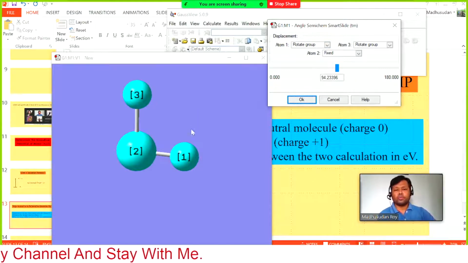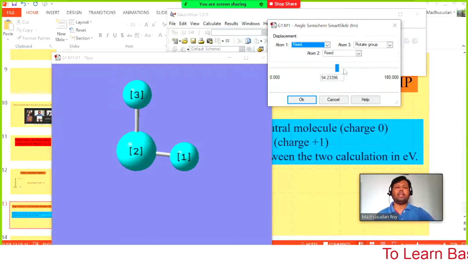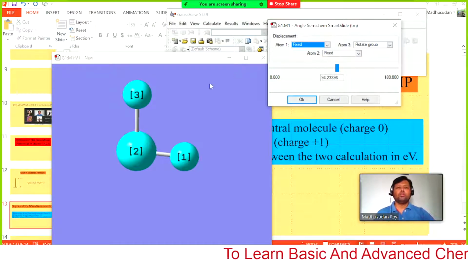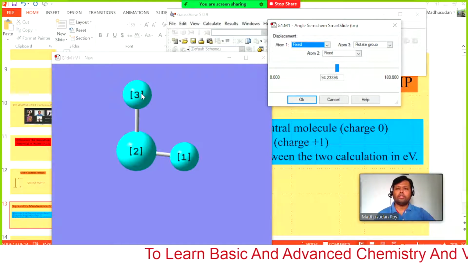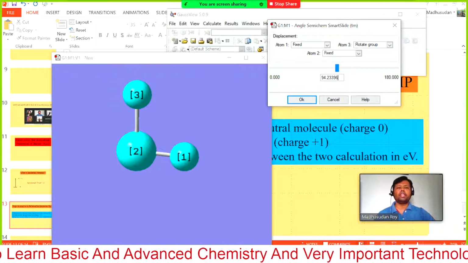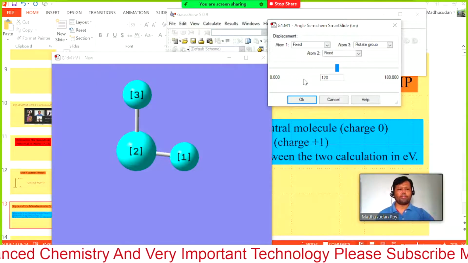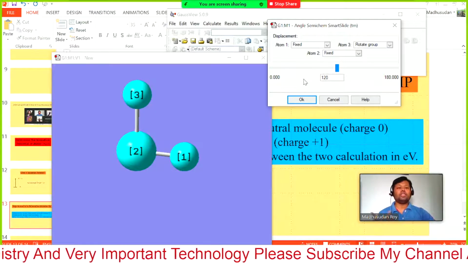So let us fix this one. Fix atoms 1 and 2, and then we want to move this hydrogen atom to a certain angle. Right now it shows 94 degrees, so I want to make it 120 degrees, because let us consider we do not know.